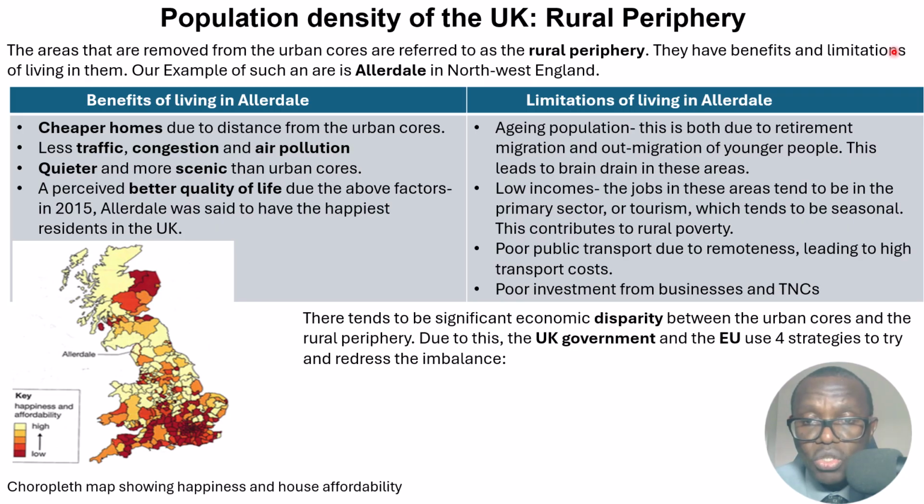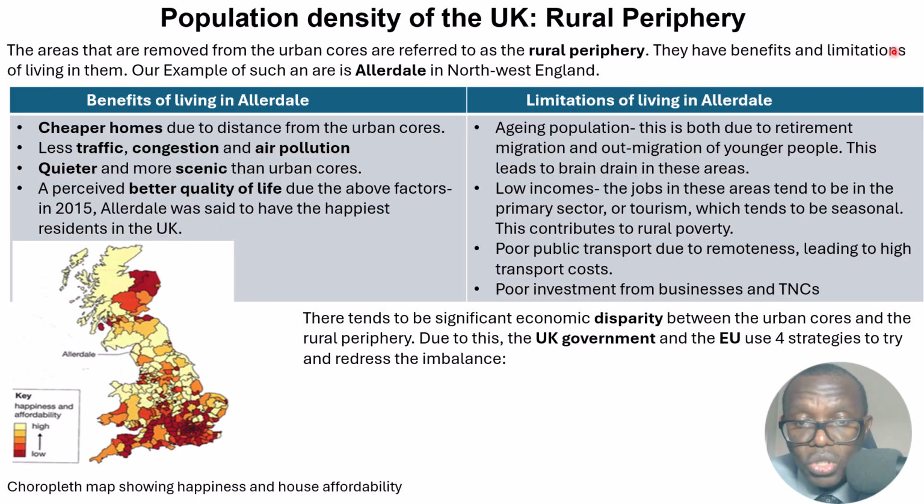Now, the limitations of living in Allerdale. One of those is an aging population. An aging population in Allerdale is a result of retirement migration, when people move out of urban cores to go and live in the rural periphery, like Allerdale, due to the benefits we have just mentioned.